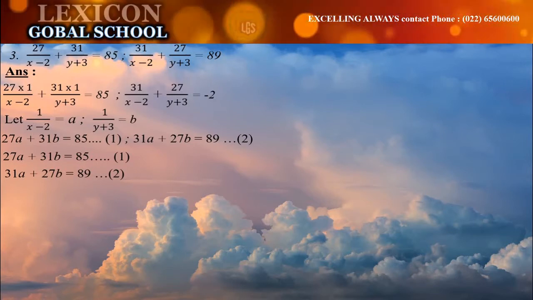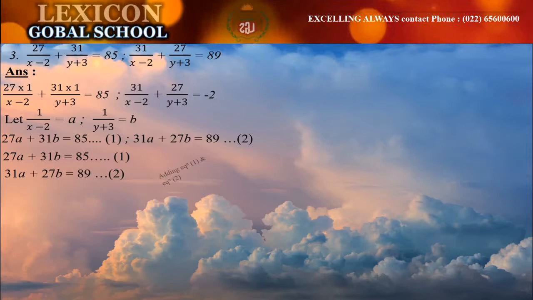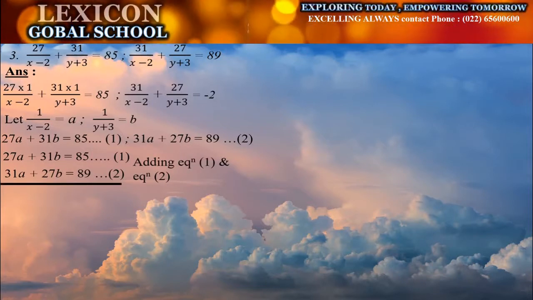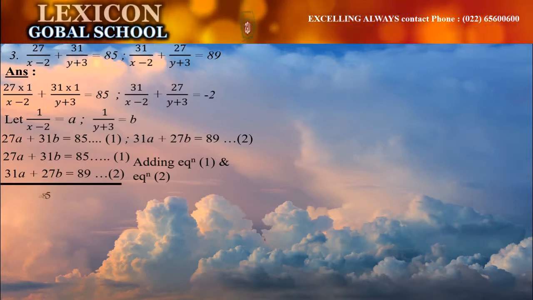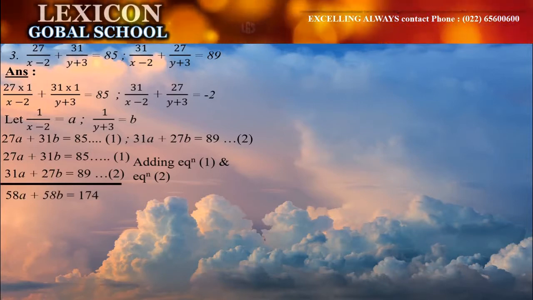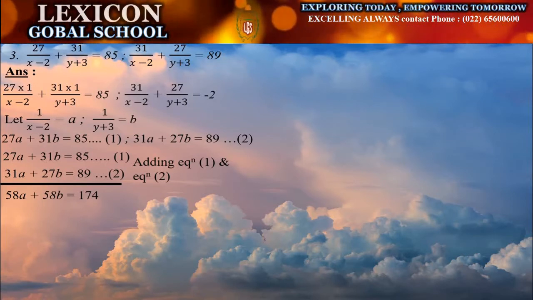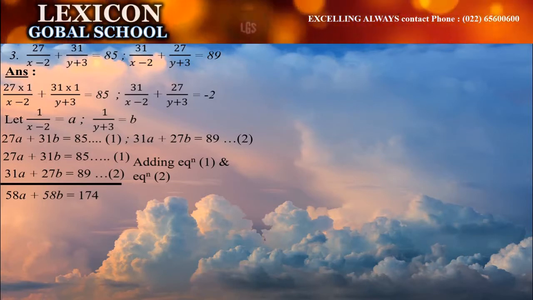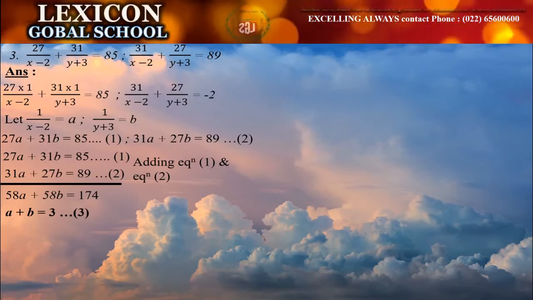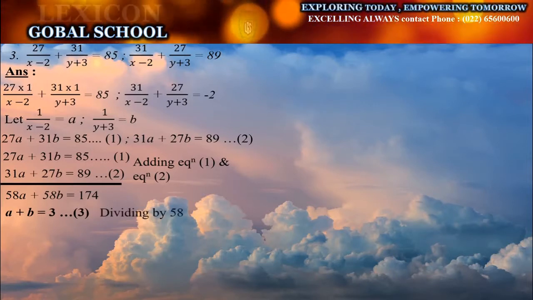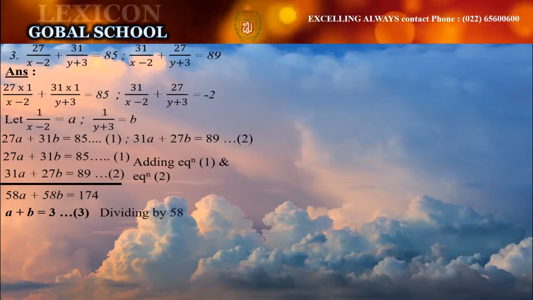The same thing we are going to do over here. First, we are going to add equation 1 and equation 2. After adding, we get 58a plus 58b is equal to 174. We are going to divide this entire equation by 58. So, when you divide it by 58, we get a plus b is equal to 3. That is equation 3.